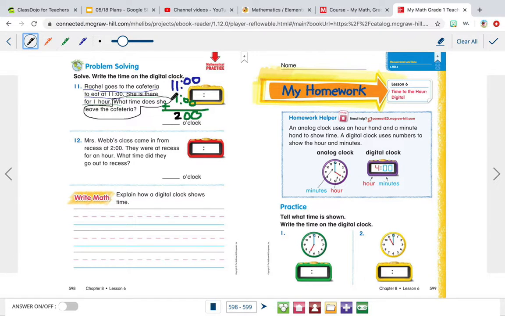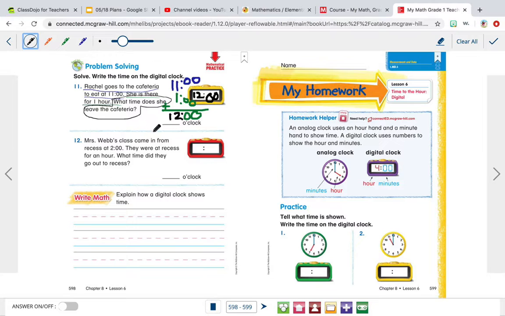And over here, there's 1 and then there's nothing here. So I'm just going to bring down the 1. And then I bring down my colon here. And that makes it 12 o'clock because 11 plus 1 is 12. So the answer is 12. Rachel left the cafeteria at 12 o'clock.